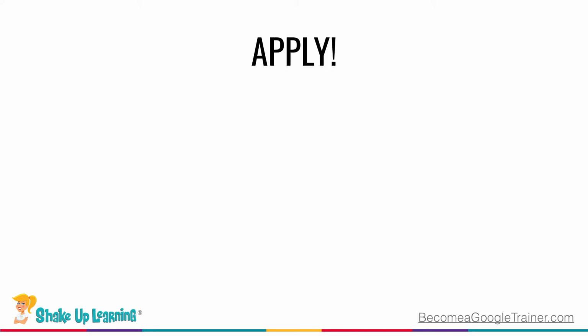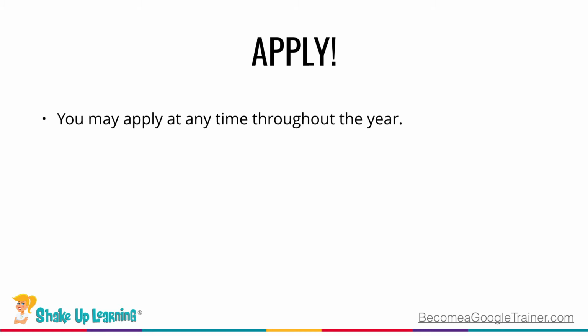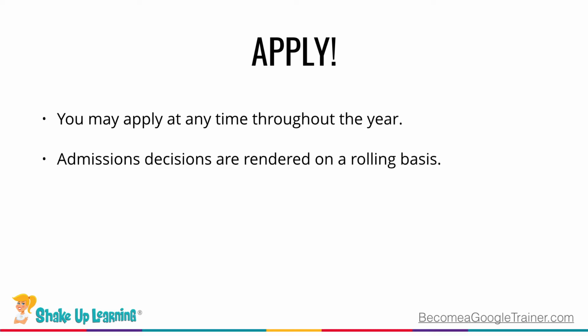And then you're going to apply. You're going to click that submit button, and it's really hard to do that, but you can apply anytime throughout the year. Don't worry about that. They do render decisions on a rolling basis. So if you get an email that says you only have like 6 days left or something like that, that's really just to get into the next rolling window. But you can actually click apply anytime you want.